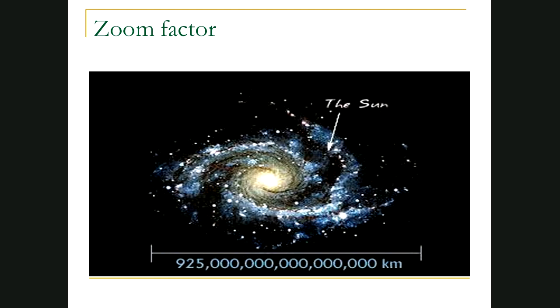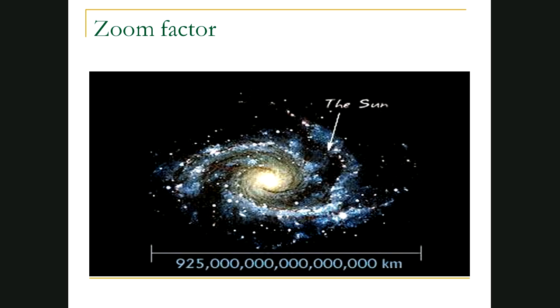As far as the zoom factor, here is our galaxy. Can this be an overview? And then the detail should be this classroom or this building. That's not reasonable. It doesn't matter where I click, I'll be thousands of light years away from it. I'll be in the middle of nowhere.